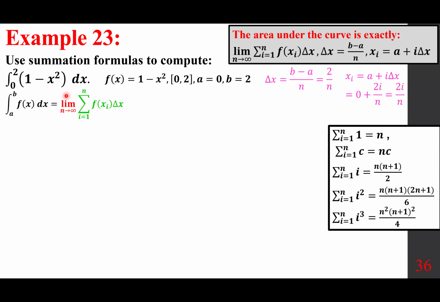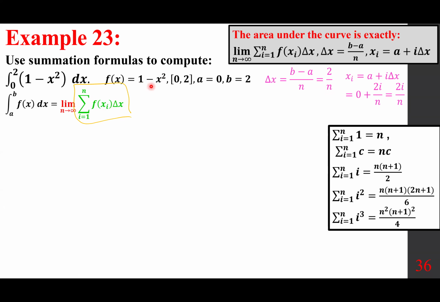Now over here, we are going to evaluate this limit. To evaluate the limit, I want you to just look at this piece. We are going to write this, simplify this, and then put it into the limit. In other words, then apply the limit. So what is the summation of f of x sub i delta x? You're going to replace f of x sub i, and you're going to replace delta x with 2 over n. What is f of x sub i?